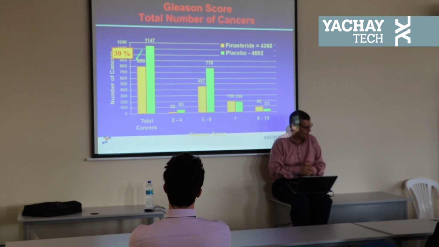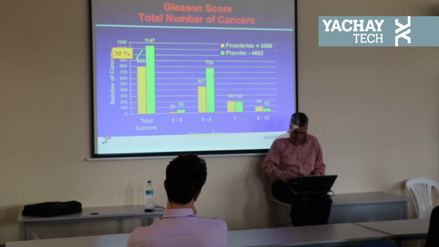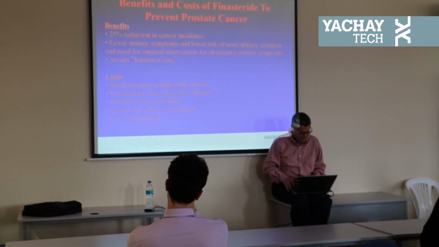It was very small, but it was statistically significant. And that's why Merck is not selling Proscar, or Propecia, for the actual prevention of prostate cancer. But the big result was, overall, there was a 30% reduction in prostate cancer risk.